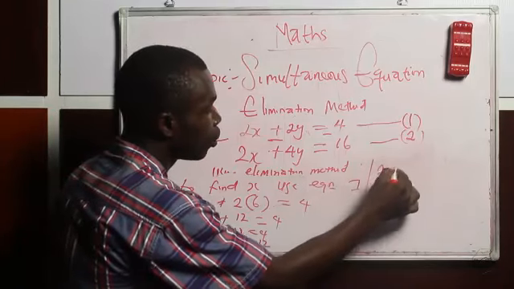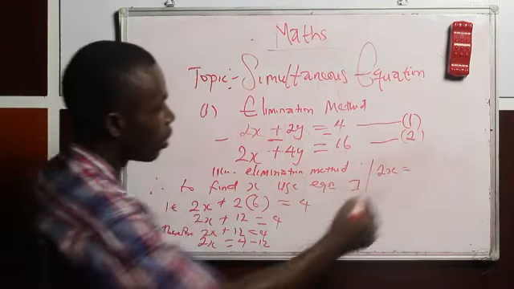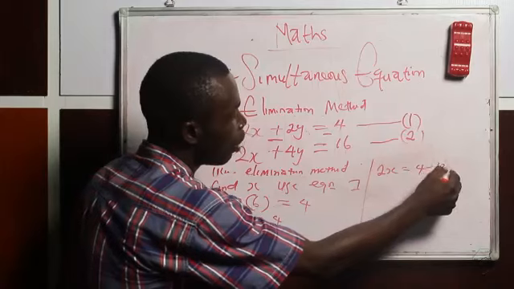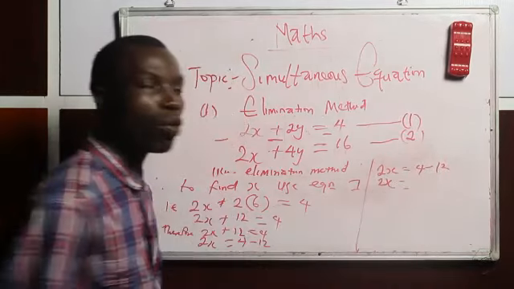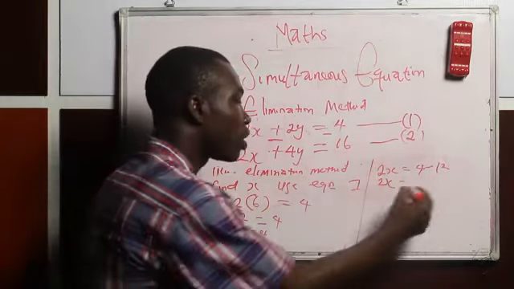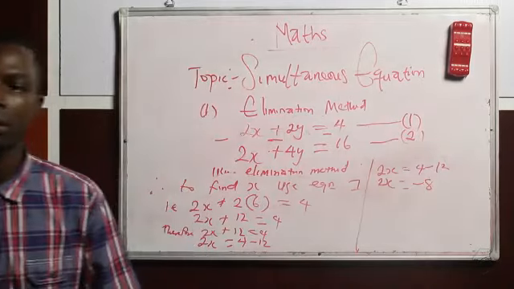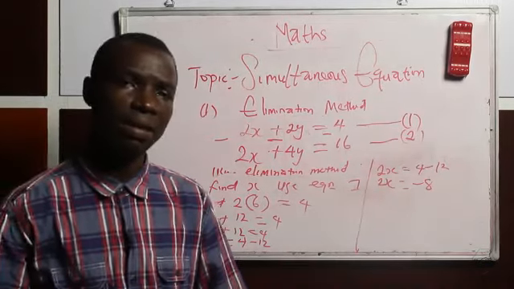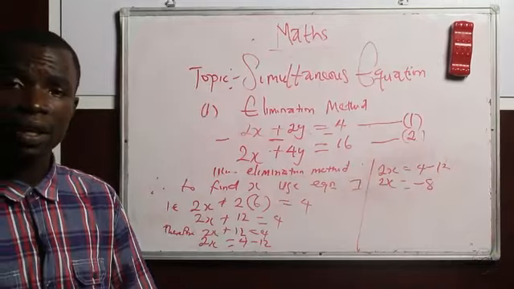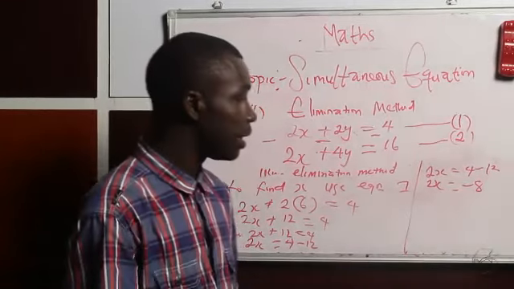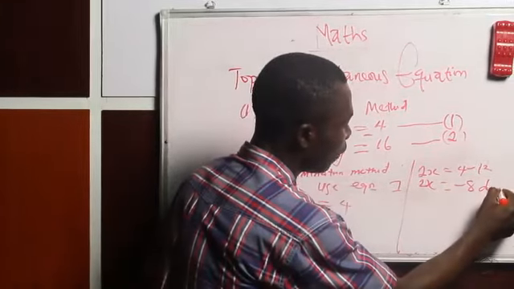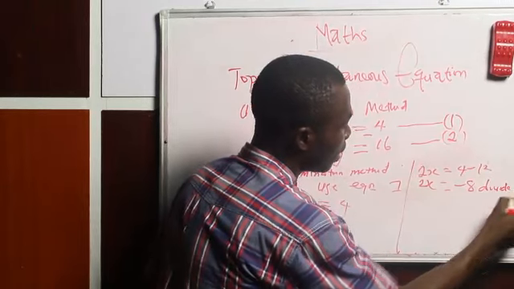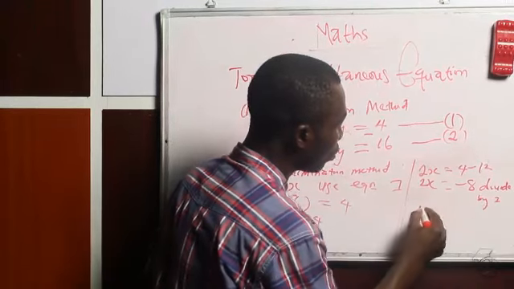Therefore, we have 2x equal to 4 minus 12, which will give us minus 8. To find x, divide both sides by 2.